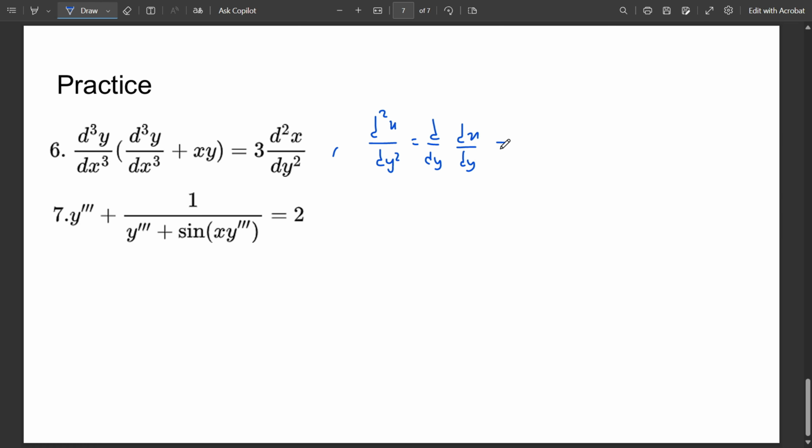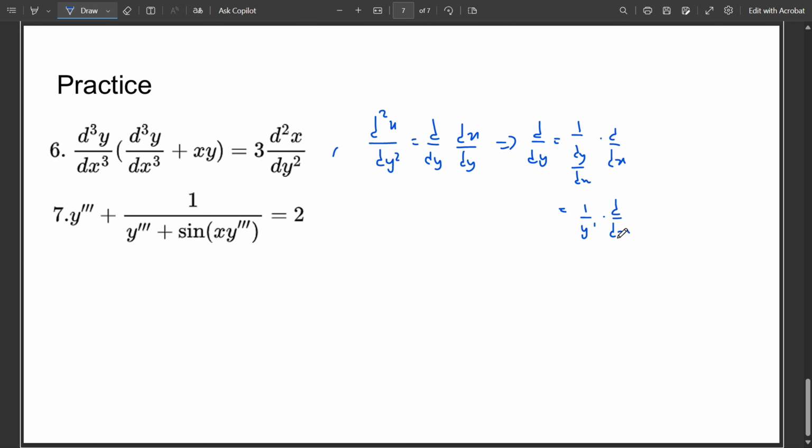According to the chain rule, this is dy by dx times the derivative with respect to x, which is the same thing as 1 over y prime times the derivative with respect to x of dx by dy.